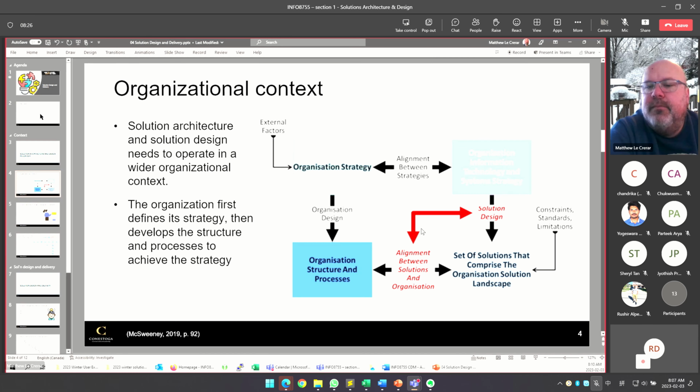Who in IT collects information from the business? That's right, BAs. So BAs are a really important part of that, and solution architects work with BAs. But yes, fundamentally, BAs are the starting point of the engagement.